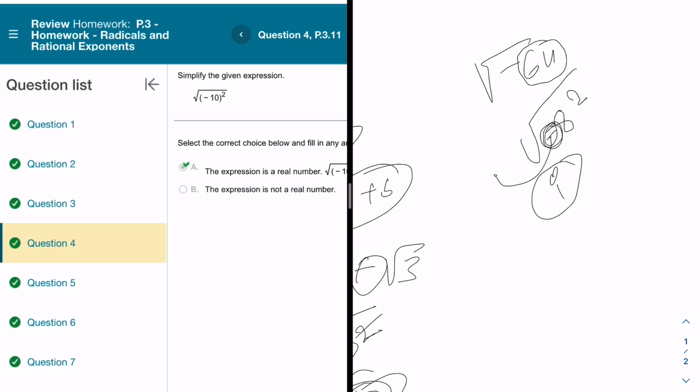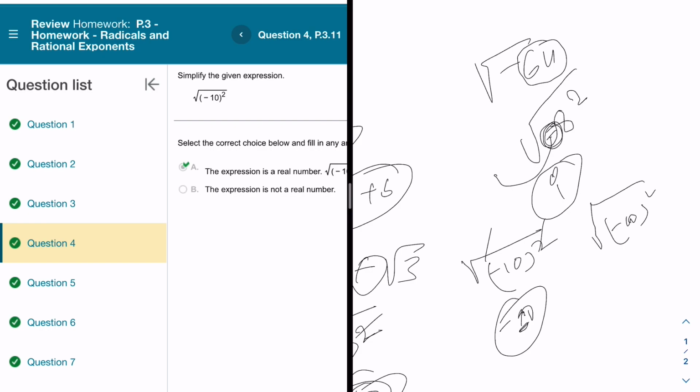Now let's try to solve this expression. We have minus 10 squared. So there are two things we can do, and both of them are correct. The first way, which some people do, is to cancel the square and square root, so the answer will be 10. And what other people will do is this: minus 10 squared.